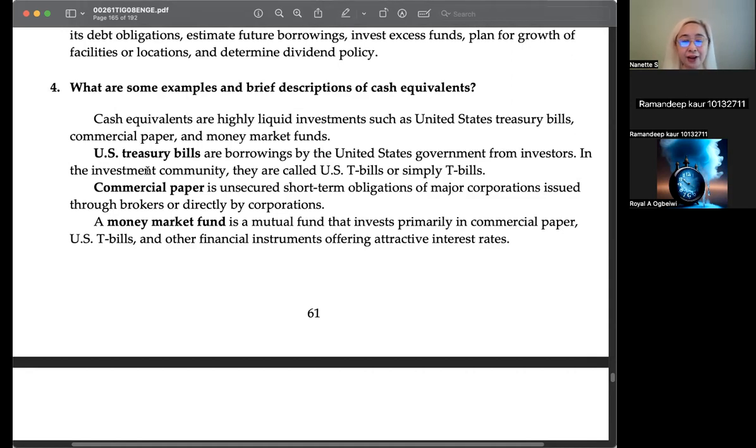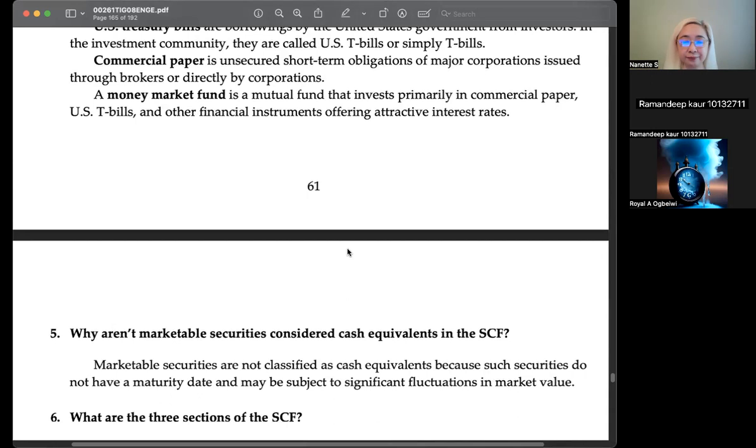A money market fund can also be risky because if the stock is up, then you will earn a lot of income, but if the stock crashes, then you might suffer a lot of losses. With treasury bills, the income is assured, but the rate of return is lower as compared to a commercial paper or a money market fund.